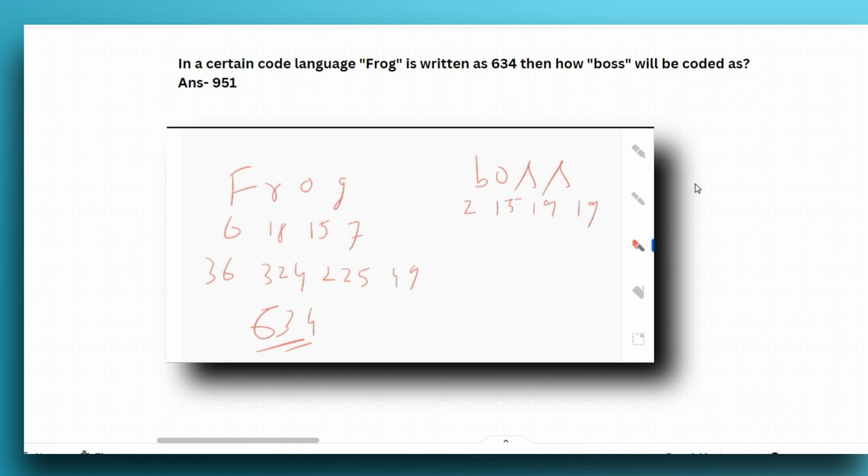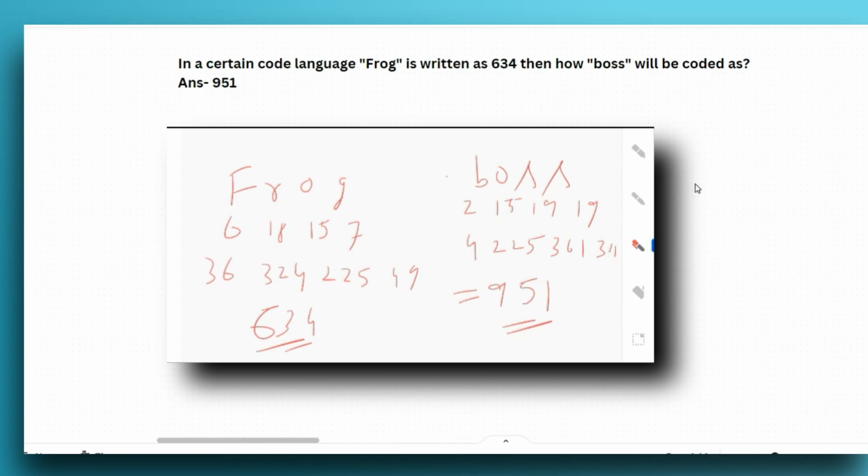So 2 squared becomes 4. 15 squared means 225, and 19 squared means 361. If you add those, this becomes 951, right? So this will be the correct answer.